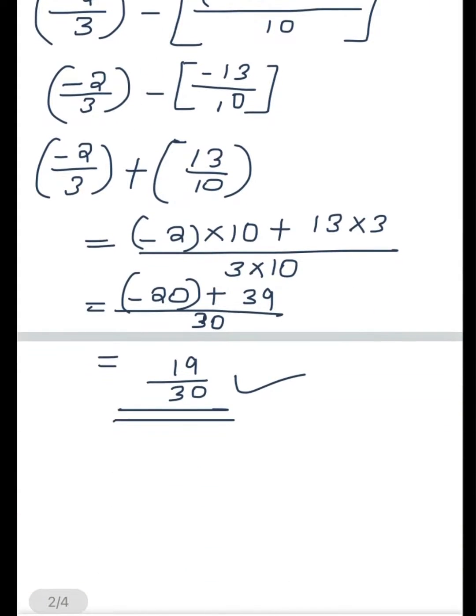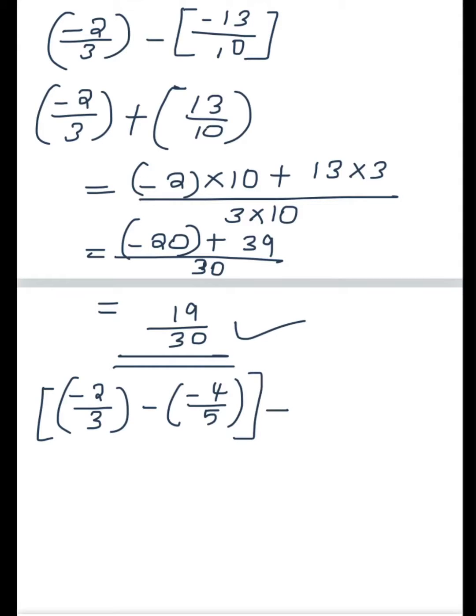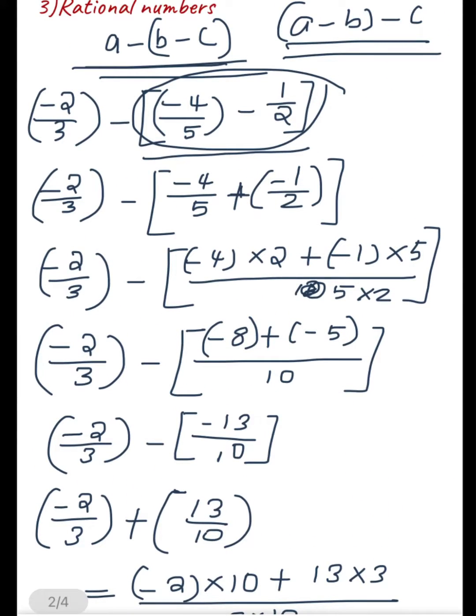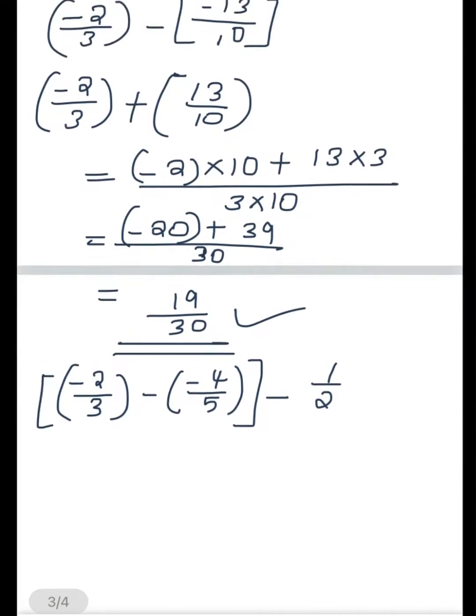A minus B means minus 2 by 3 minus 4 by 5, then minus 1 by 2. Okay, the question was this one: minus 2 by 3 minus 4 by 5 minus 1 by 2. So I am writing it in this way.